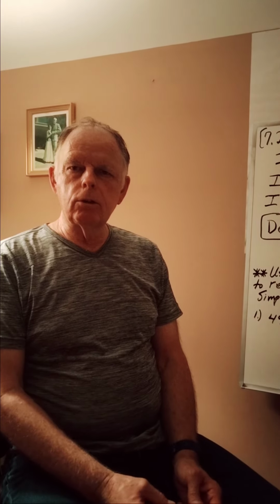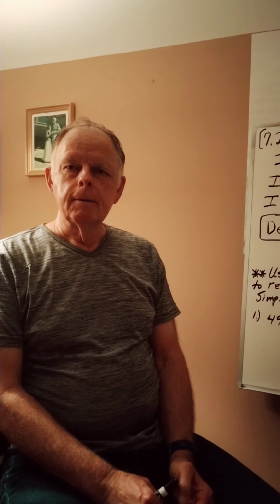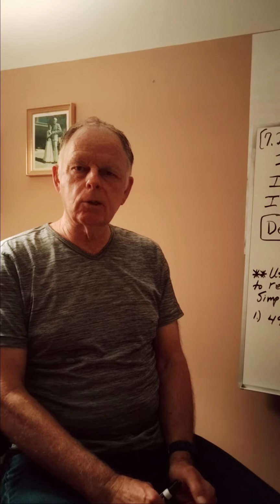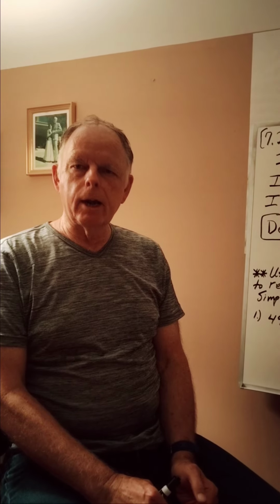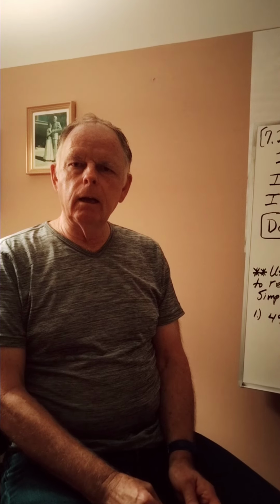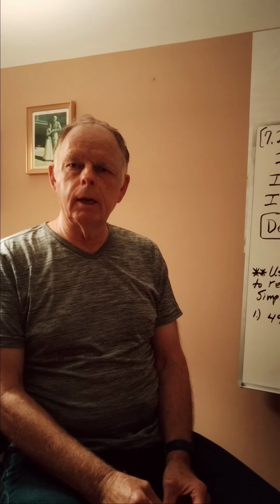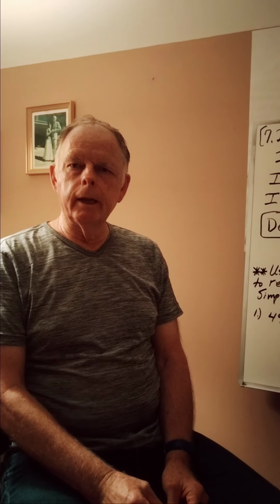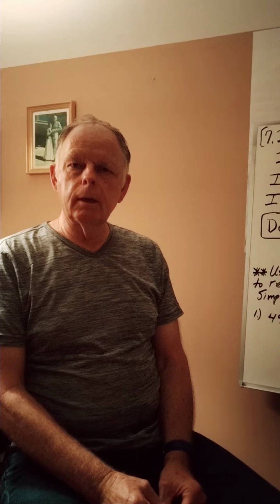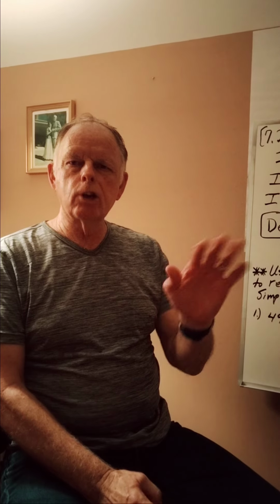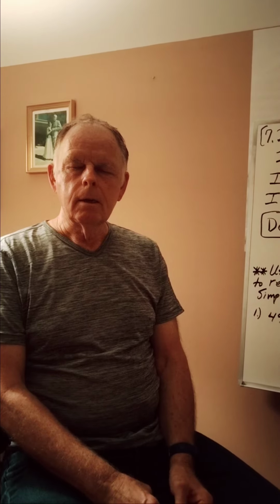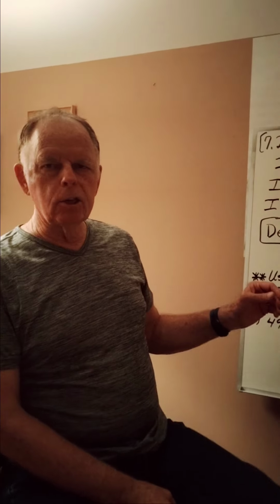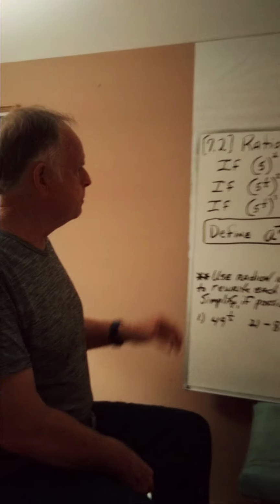In 7.2, we're looking at exponential expressions where the exponent is rational. The title of 7.2 is Rational Exponents. And we'll find out shortly that rational exponents are linked to radicals. We're going to see that as we open this up right now on this board.